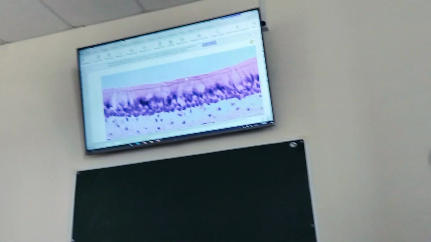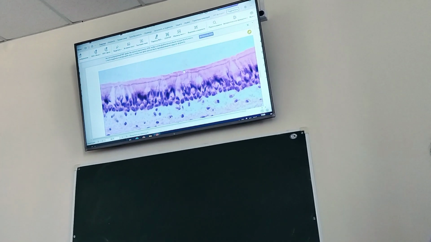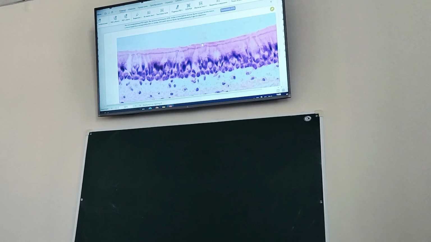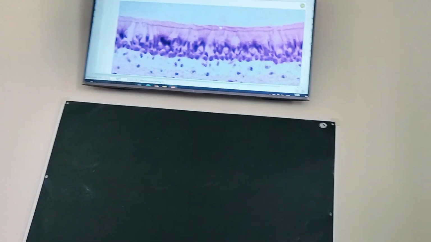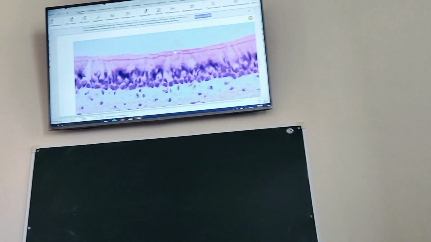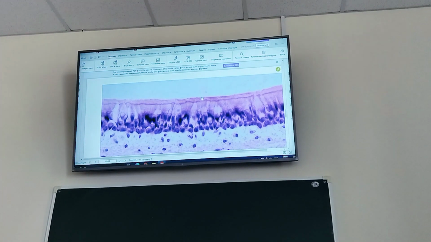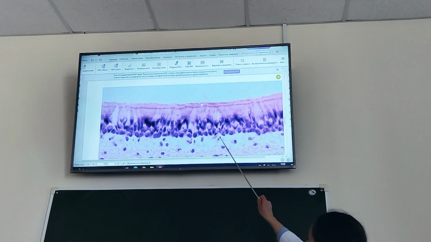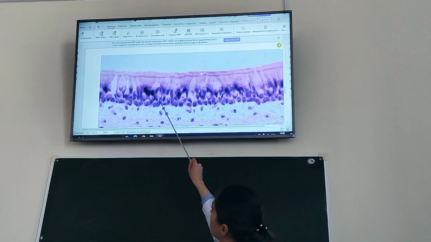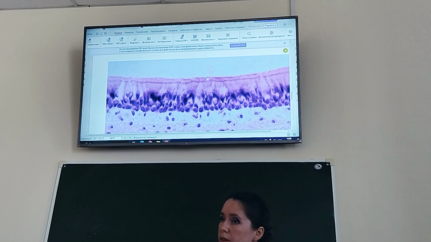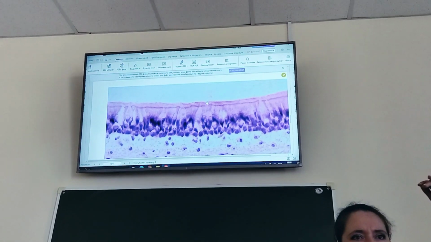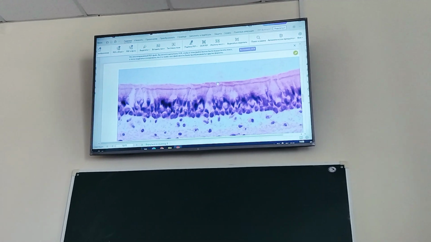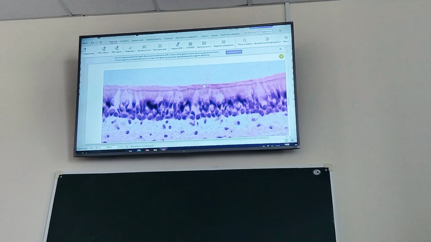You need to explain why pseudostratified. What does it mean? They are a single layer, but if this is the basal lamina, I can count at least 3 levels of nuclei, not layers, due to differences in cell sizes.